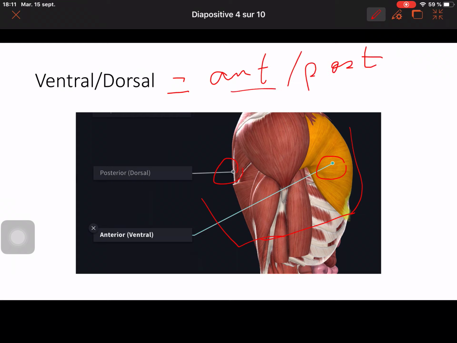The anterior or the ventral part is everything directed towards the front. Okay, and everything dorsal or posterior is directed towards the back.